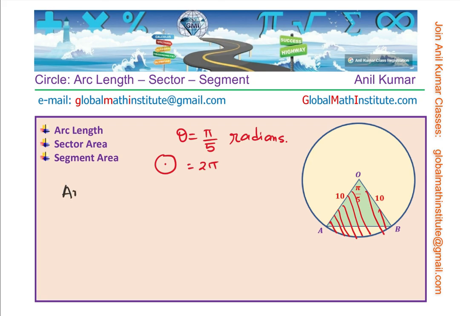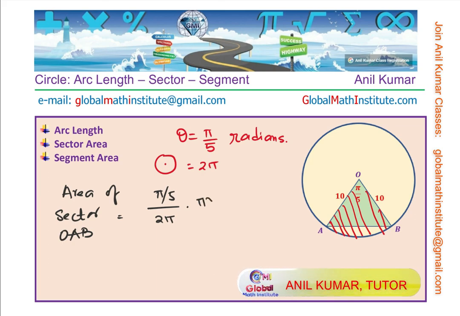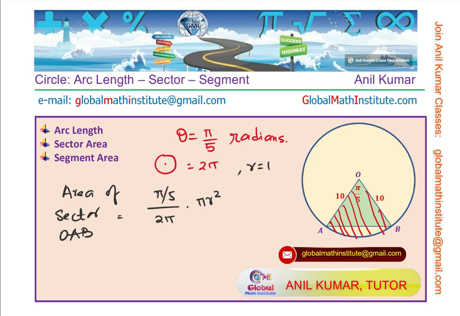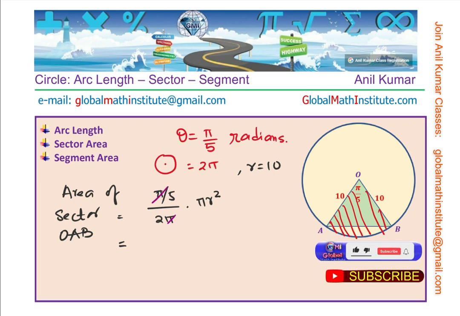So now let's find the area of the sector OAB. It is pi by 5 over 2 pi, full circle, times pi r square, right? R being 10. So we can write this as, let's simplify first, right? We can divide pi with pi, right?